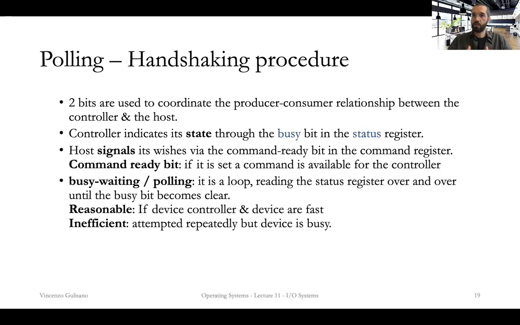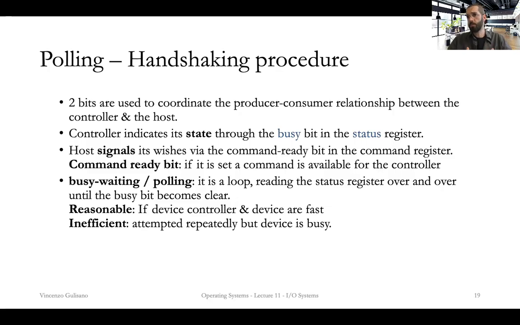If you have a fast device controller connected to fast devices, and there are good chances that you can find the device as free, this actually can reduce time, because if you are lucky and the busy bit is set to 0, so it's clear, you can immediately take control of the device and interact with the device.